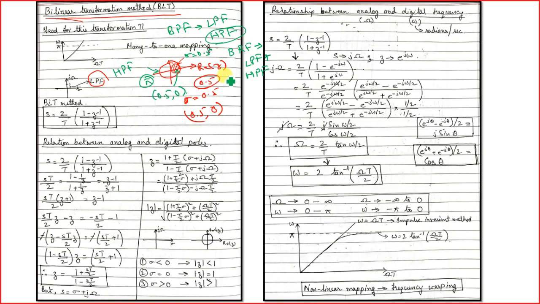So due to the problem with the impulse invariant method, that it is prone to aliasing and only a restricted class of filters can be designed, there was a need to develop another transform which is more robust and more versatile in nature.